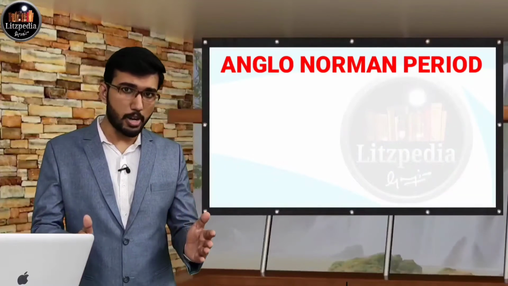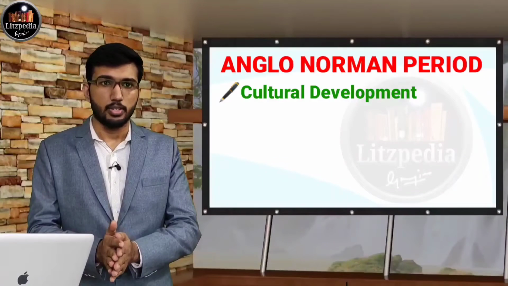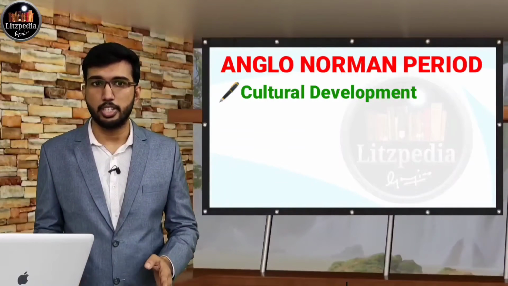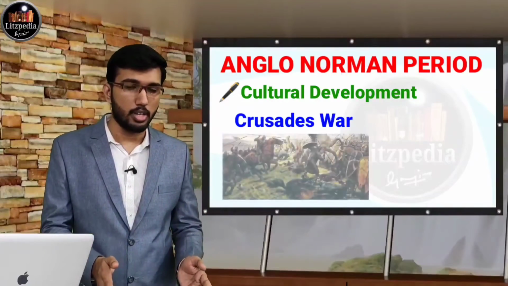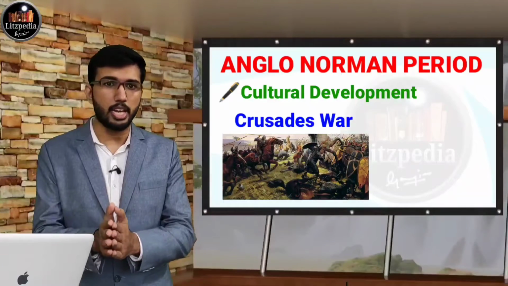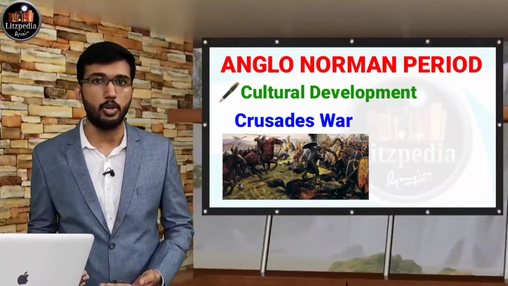Now we need to come across the cultural development during the Anglo-Norman period. We need to know that there was an important religious war that took place, which is called the Crusades. It was actually initiated and supported by the Latin Church in the medieval period and had the objective of recovering Christian holy lands from Islamic rule.